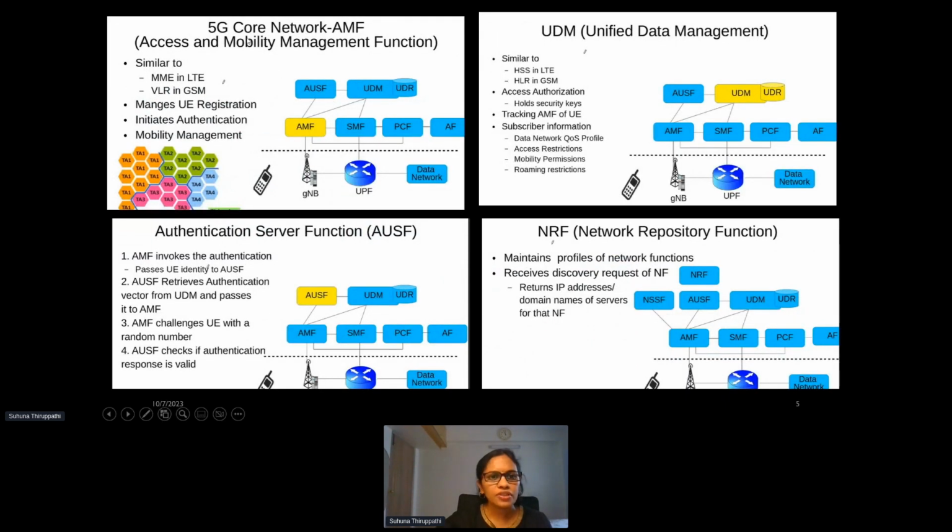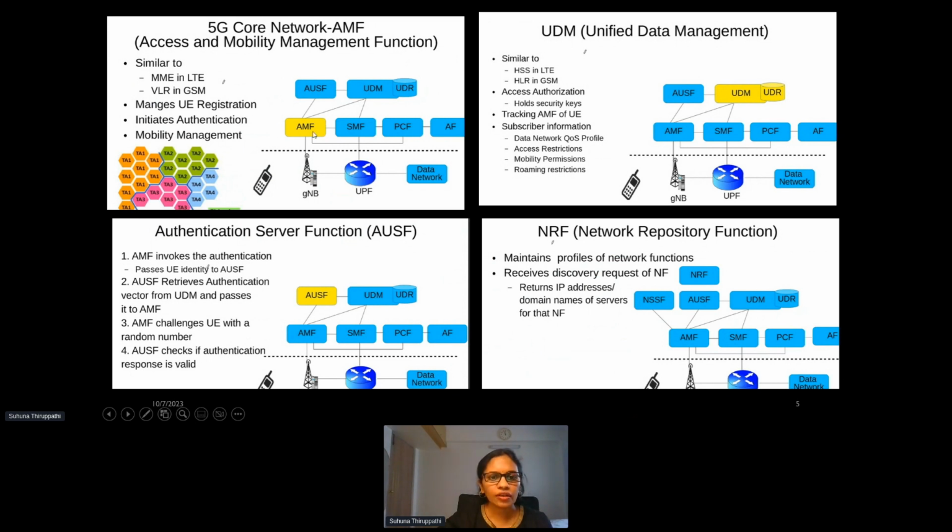The first function is the AMF, the access and mobility management function. This is similar to the MME, the mobility management entity in LTE, or the VLR in GSM.